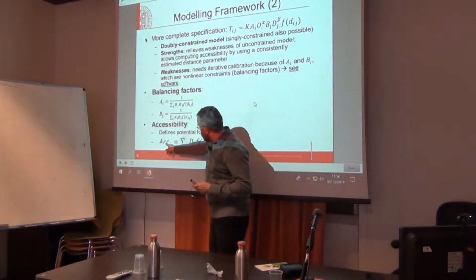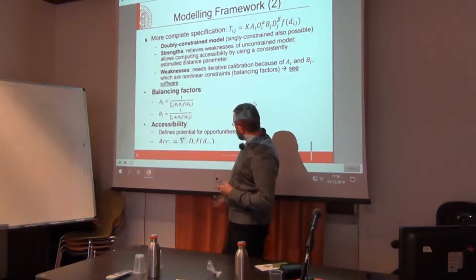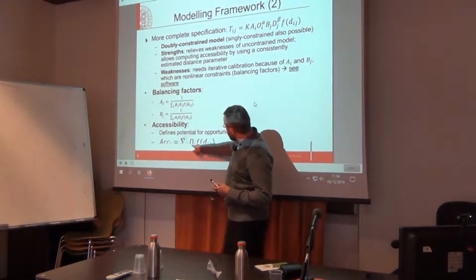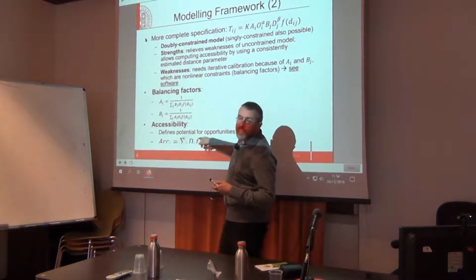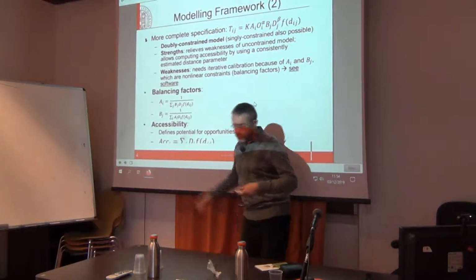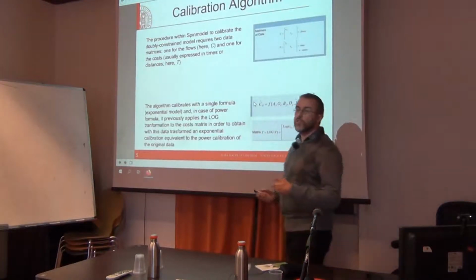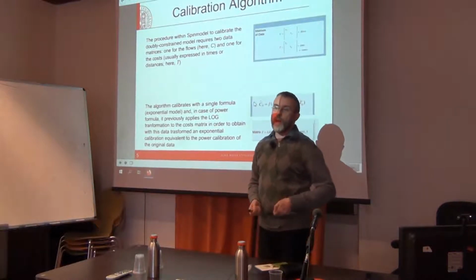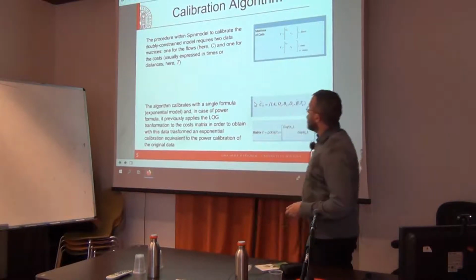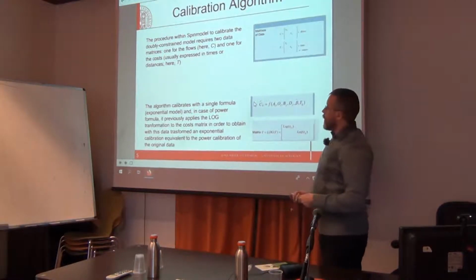And accessibility of region I is computed as the sum in J of the DJs times the distance deterrence function. So the advantage of using the software is that you can compute correct, proper accessibility scores to evaluate how accessible every region is.